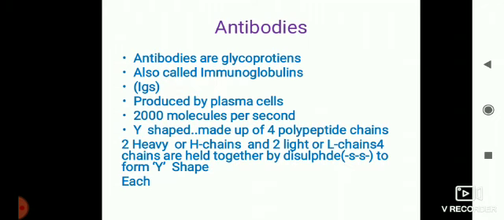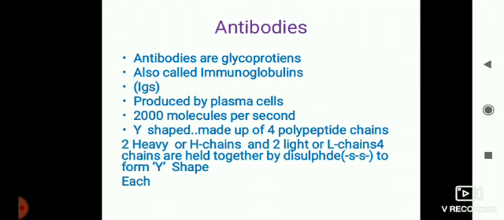Antibodies are the protective chemicals produced by the host against antigens. Antibodies are glycoproteins. They are also called Igs. There are many IgG antibodies in colostrum. IgA, IgM, IgG are examples.